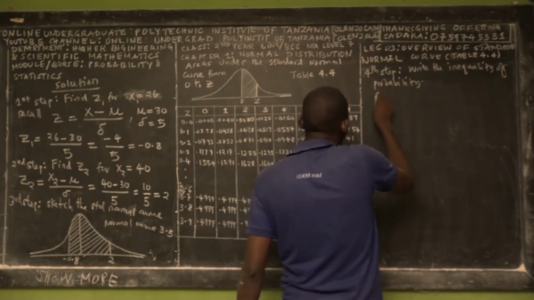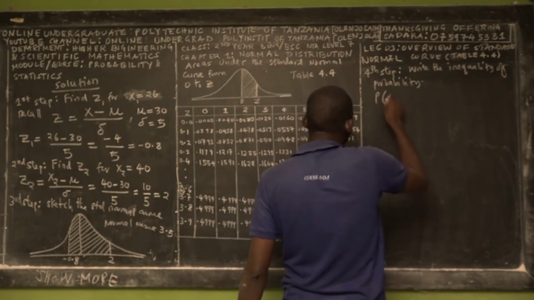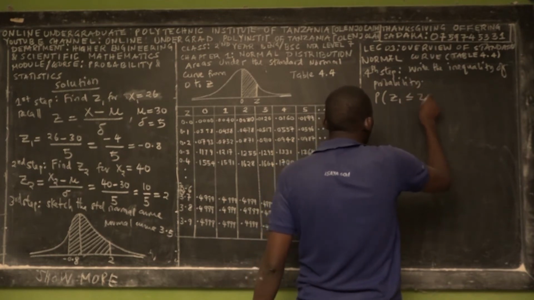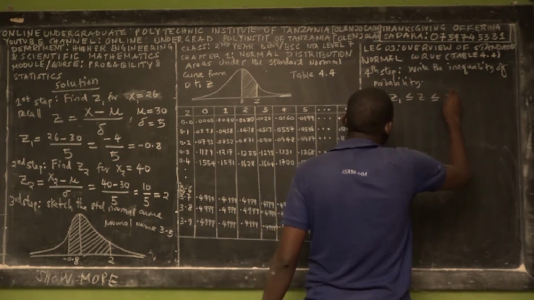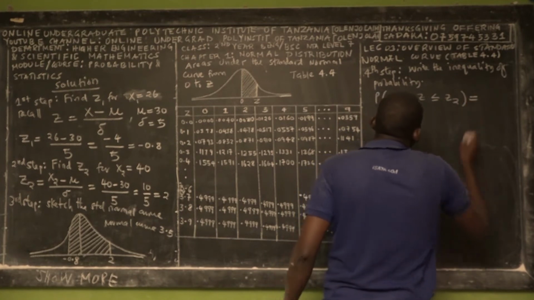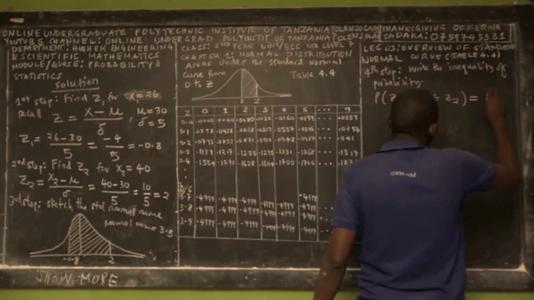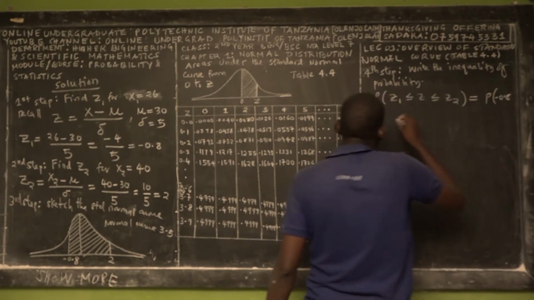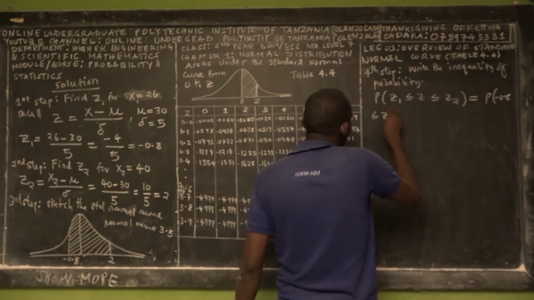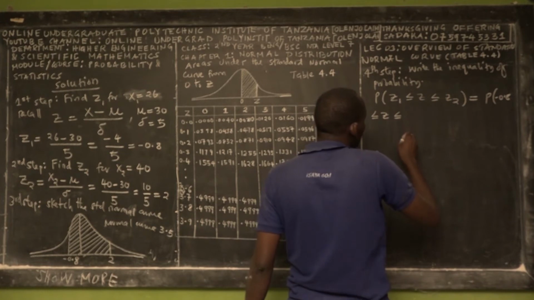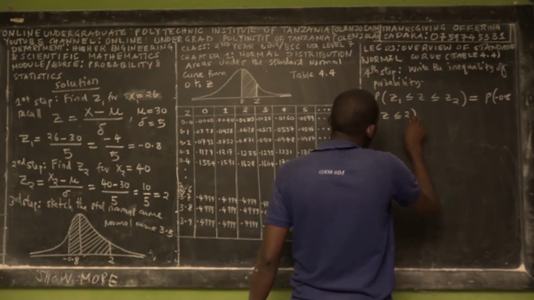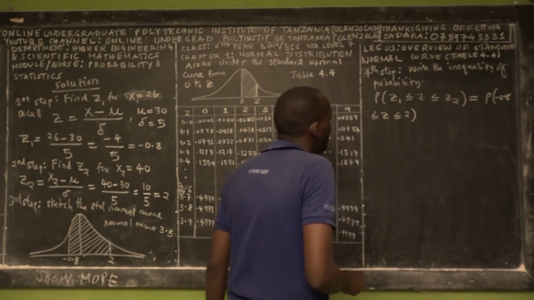For that case, we look for the probability from Z1 less than or equal to Z less than or equal to Z2, and this is equal to the probability of negative 0.8 less than or equal to Z less than or equal to 2. That's what you have to find.